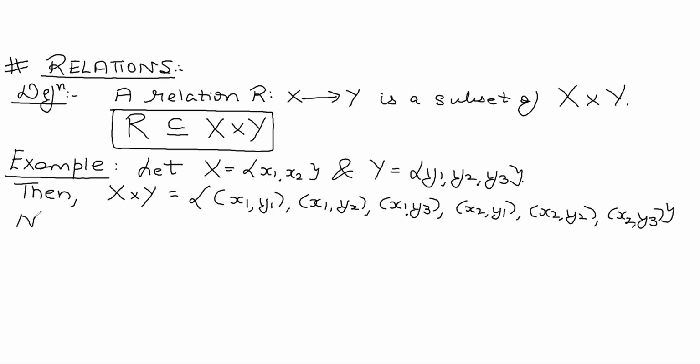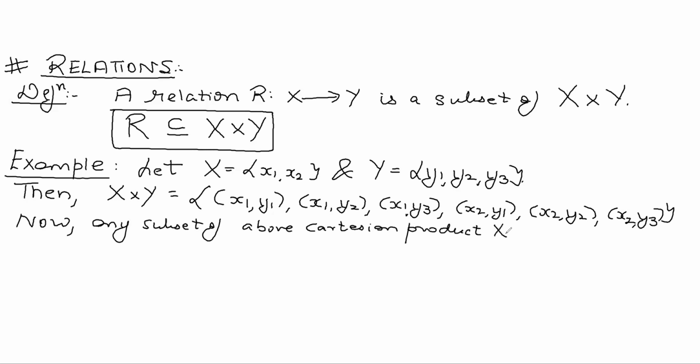Now any subset of the above Cartesian product x cross y will constitute a relation. Example, let us take a subset of it.